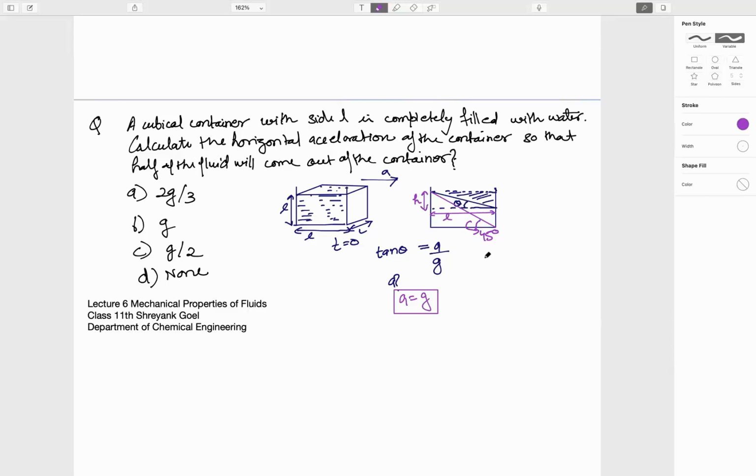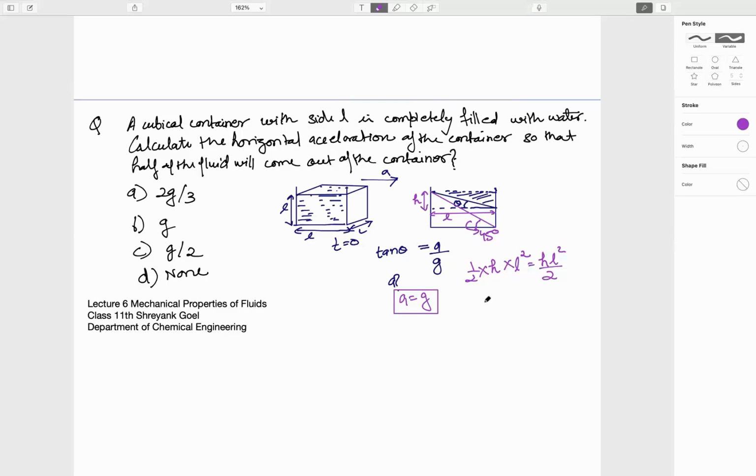We need to find out what volume came out of it. So what is the volume here? If you see, that is 1 by 2 into H into L into L. So that is L square, so that is the volume here: H L square by 2.